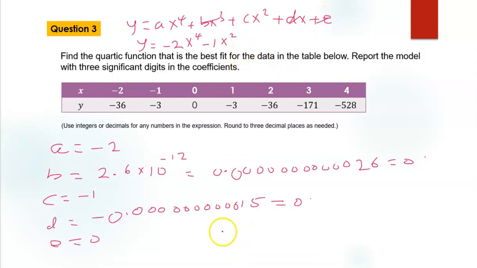So this simplifies into y equals negative 2x raised to power 4 minus x squared. And that is the required function. So that is how you work out those.